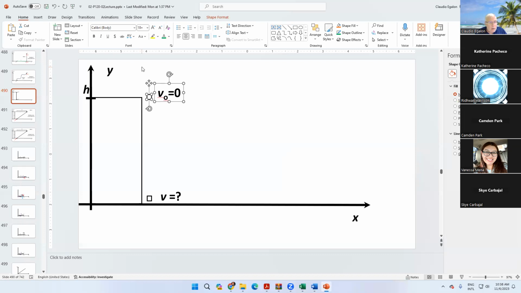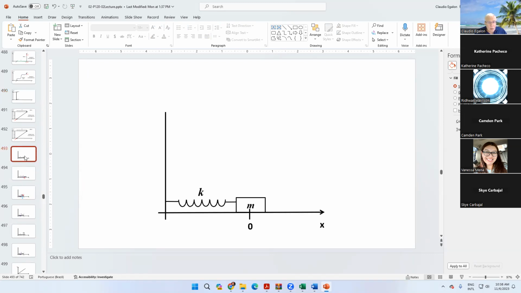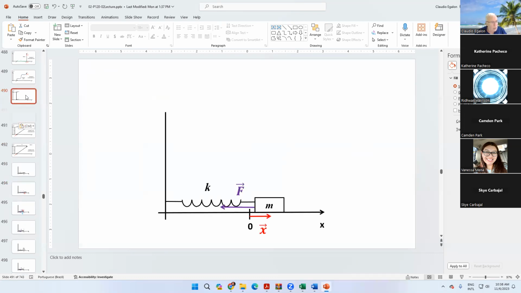Okay, so let's move a little bit up here, just before impacting. And now I want to do a different one. Let's see this one here. We're going to do another problem, another example. It's going to be like that.